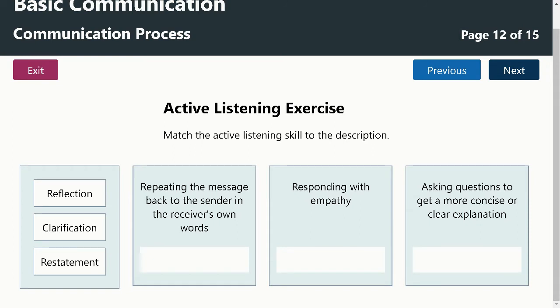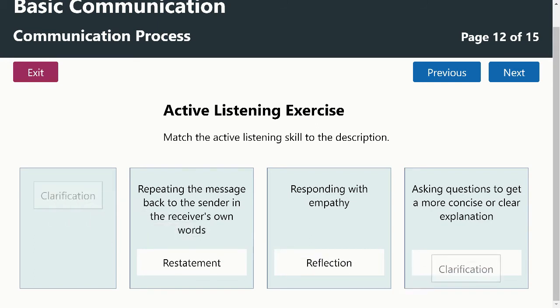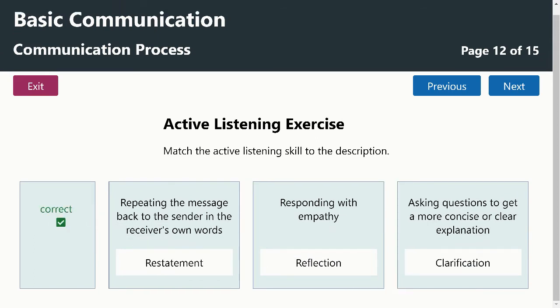Repeating a message back to the sender in the receiver's own words. Responding with empathy. Asking questions to get a more concise or clear explanation is clarification.